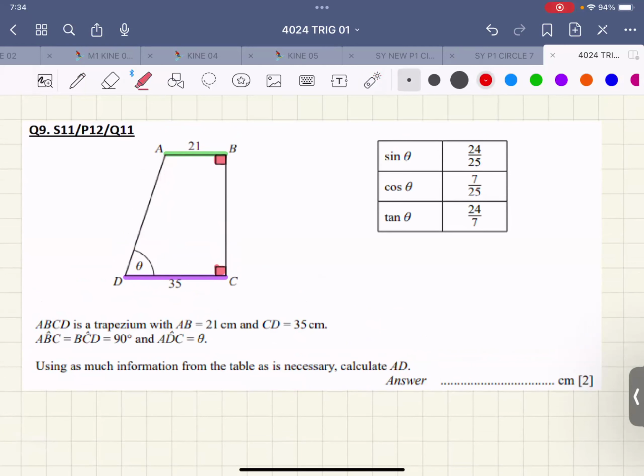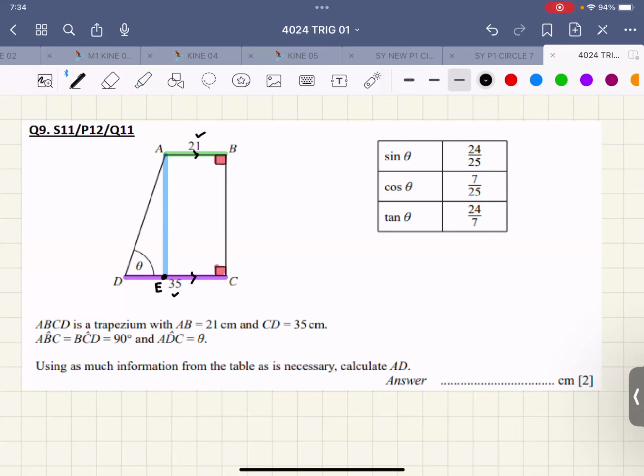Now let me grab a color. Let me grab a blue color and let me draw a line like this. We are interested in this. Ignore the thickness of the line. Now, first of all, if this is 21 and this is 35, that means from here, let me label this thing as E. From E till C should also be 21 like this.